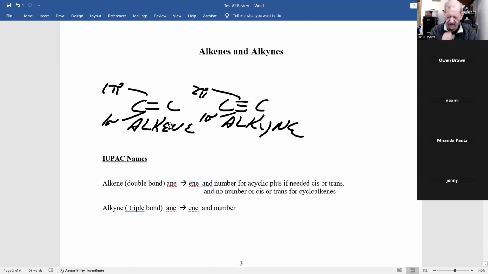Now, you should know an alkene consists of one pi bond and one sigma or single bond. An alkyne consists of two pi bonds and one sigma bond. Double bond, one pi, one sigma. Triple bond, two pi, one sigma.